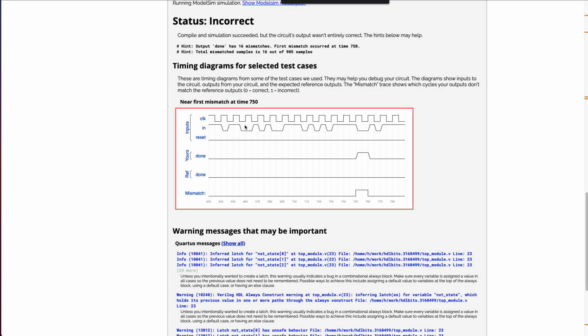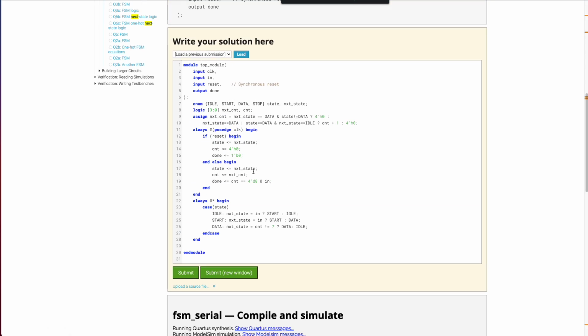Count is 0 here when we have 1, 0. So 1, 0, right? So if we were at idle, then... so basically I'm a cycle too fast, basically.